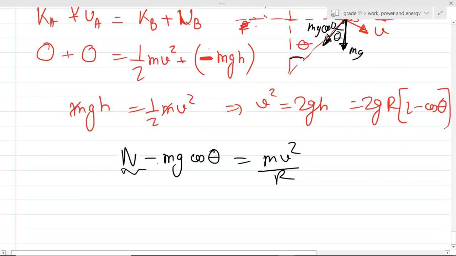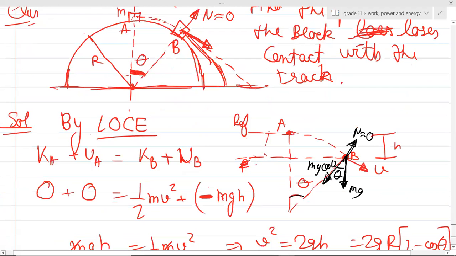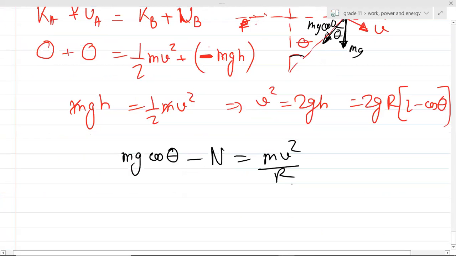Oh, sorry, my bad. mg cos theta minus n is equal to mv square by r. The radially inward force minus the radially outward force is basically the net centrifugal force.